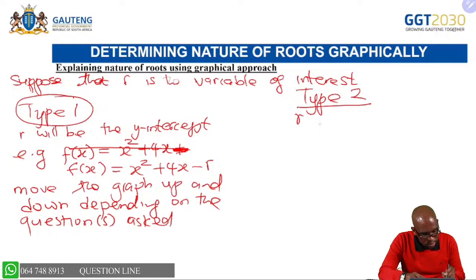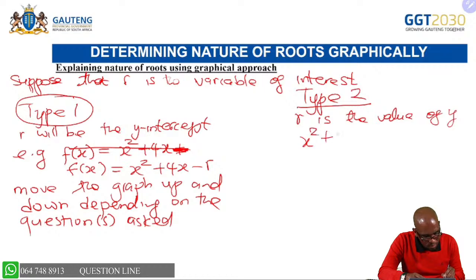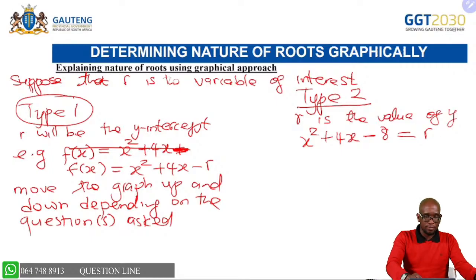r is the value of y, or the value of f of x. For an example, instead of having f of x, you have x squared plus 4x minus, say, 8, is equal to r.